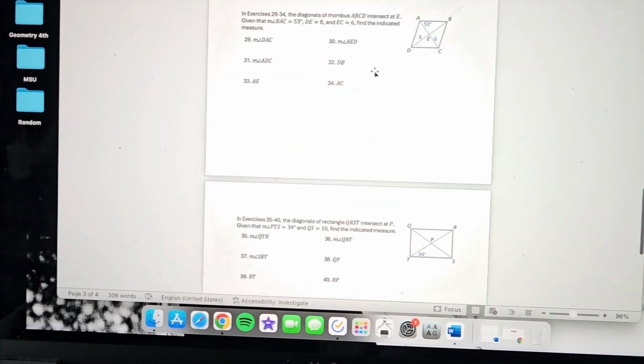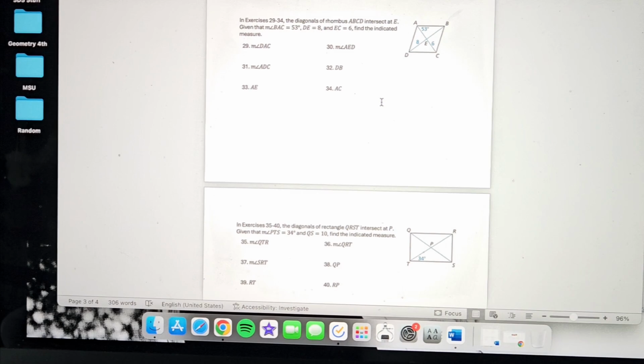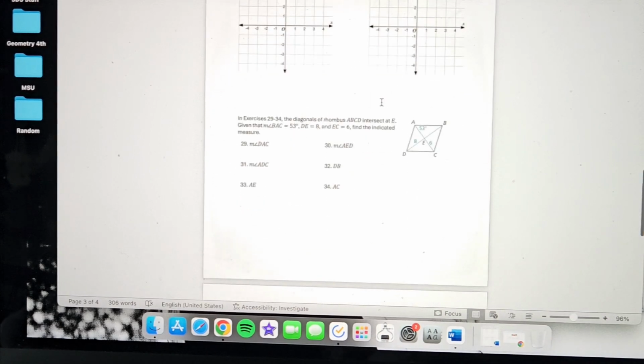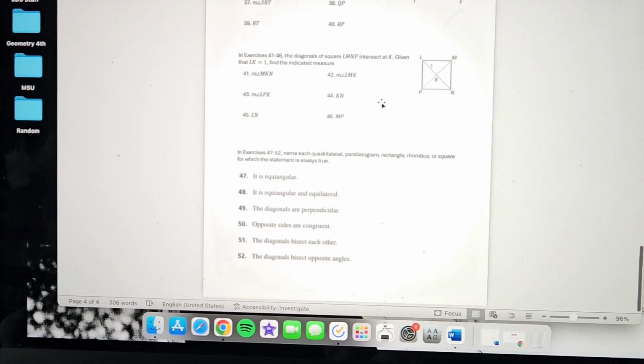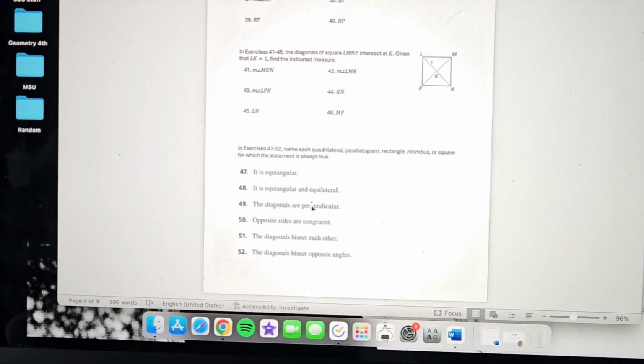Trying to deal with its properties, keeping that in mind. It is a lot of problems, but once you know the anatomy of a rhombus, rectangle, and square, these problems aren't going to be too bad. And then having you guys do more exercises on giving the best name for a quadrilateral, parallelogram, rectangle, rhombus, square in these problems, like giving its best name for that property.